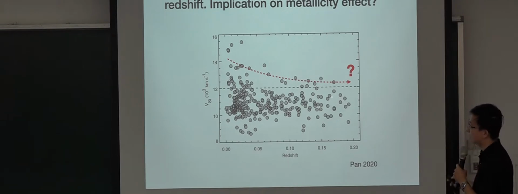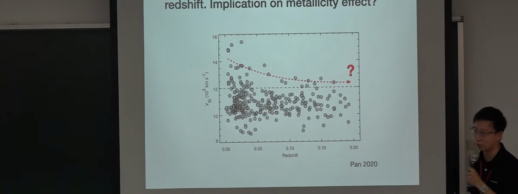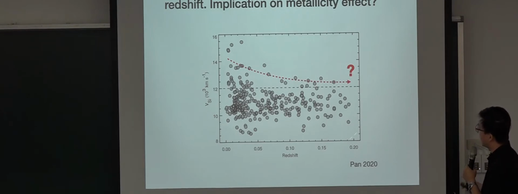So it's hard for such environments to produce high velocity type Ia supernovae. But again, this sample might not be very complete at high redshift, and I'm still working on the high redshift sample to see if this trend is real.